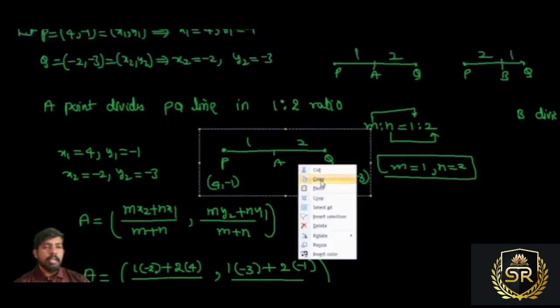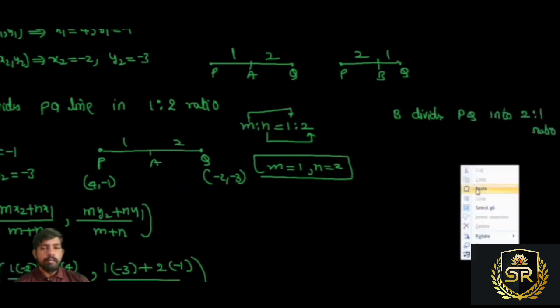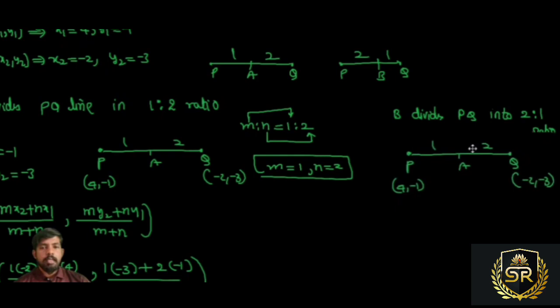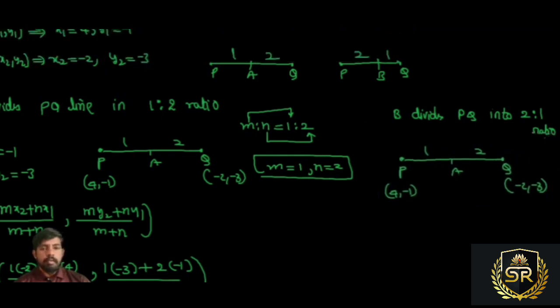See here, same diagram, but the ratios are different. This is B point and this is a 2:1 ratio.